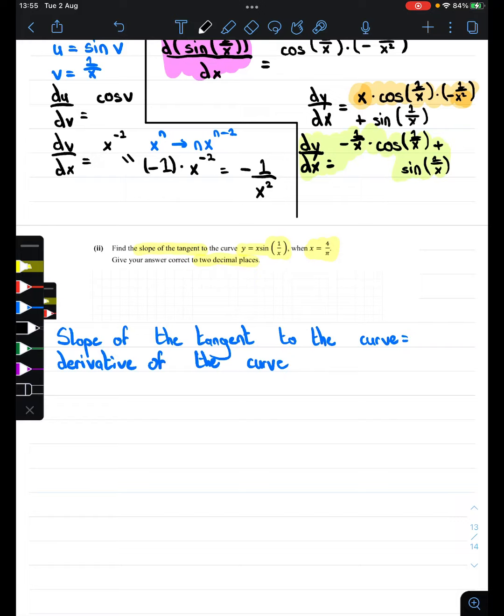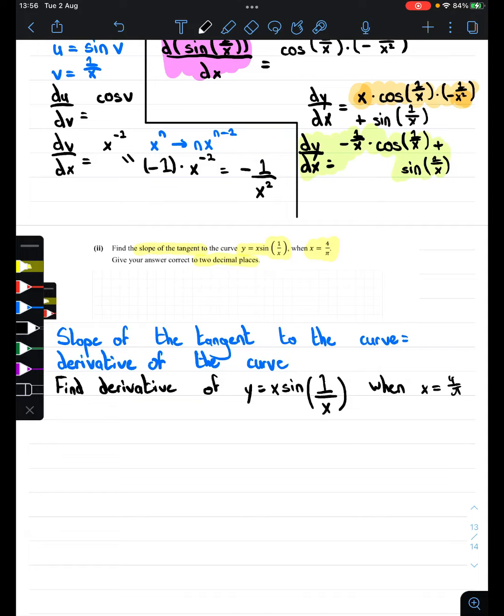So we want to find the slope of the tangent to the curve y equals x sine 1 over x. Translation: find the derivative of y equals x sine 1 over x when x equals 4 over pi.